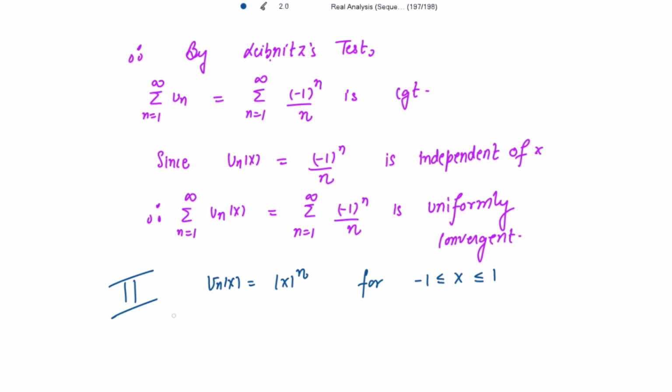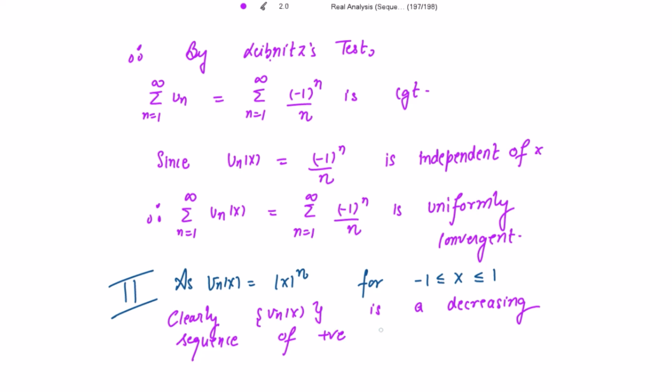So clearly sequence v_n(x) is a decreasing sequence of positive terms on x lying between -1 to 1.